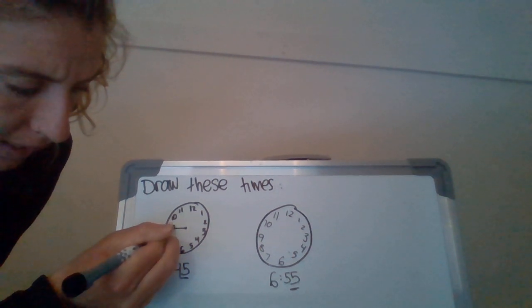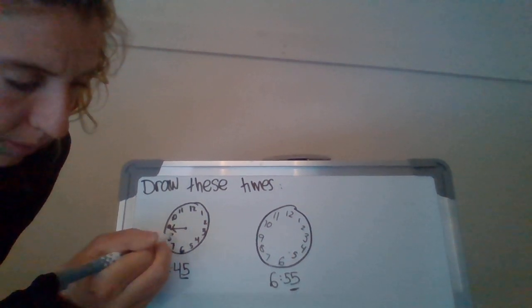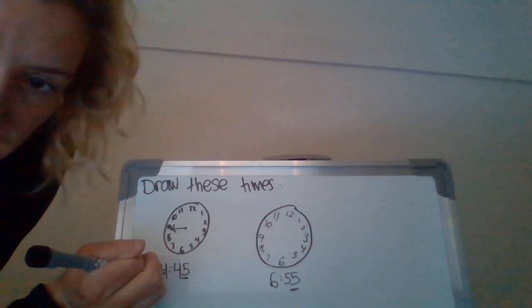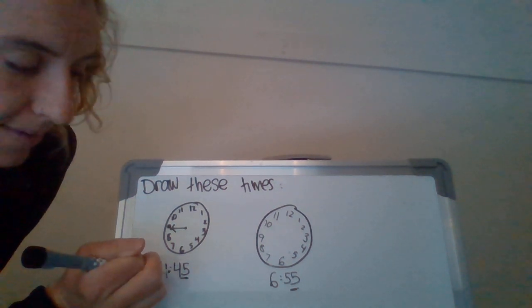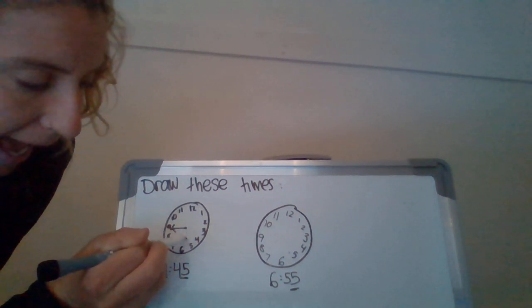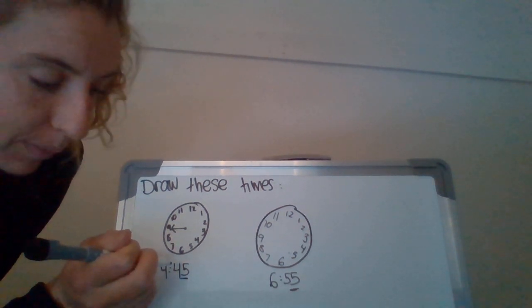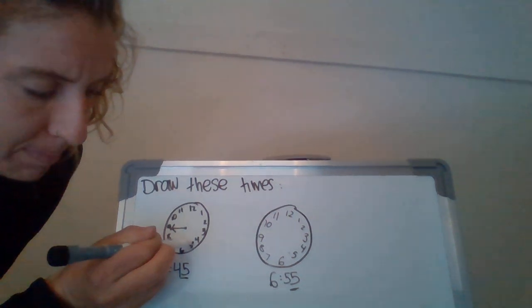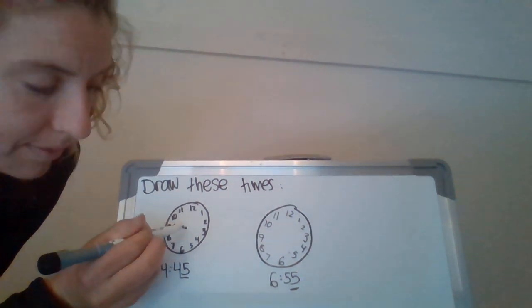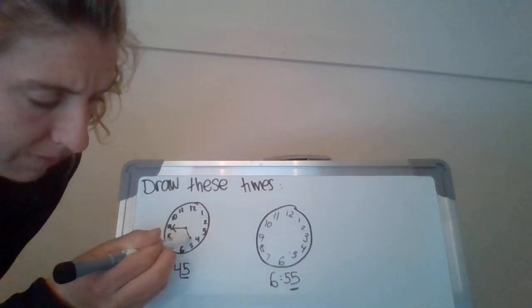So my long hand, my minute hand, is going to point right at the 9. Now, this says 4:45. If it's 4:45, then my hour hand is going to be between the 4 and the 5 because it's the 4's hour. But it's going to be past halfway because it is only 15 minutes away from being 5 o'clock.